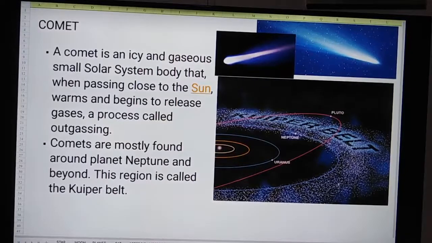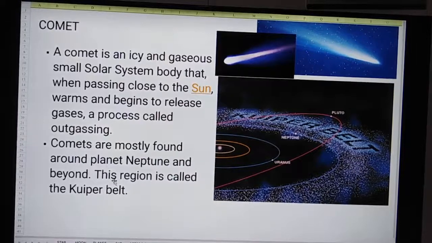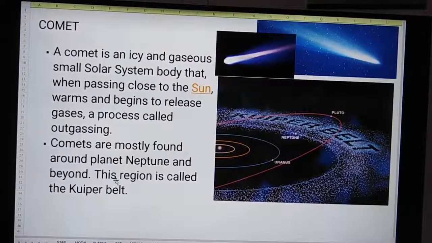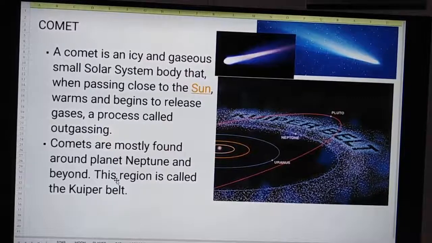So you see this region is a very cold region because of the distance between it and the sun. So they are normally icy. But if they happen to move or change their direction and come closer to the sun, then they get heated up, because when ice is drawn closer to heat, it melts, and then it can become water or liquid.